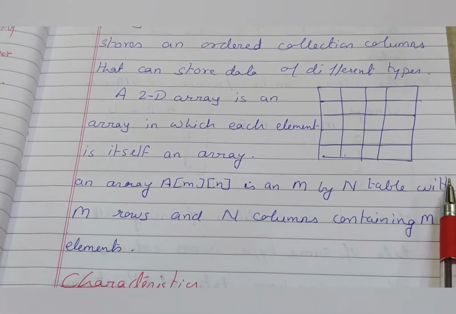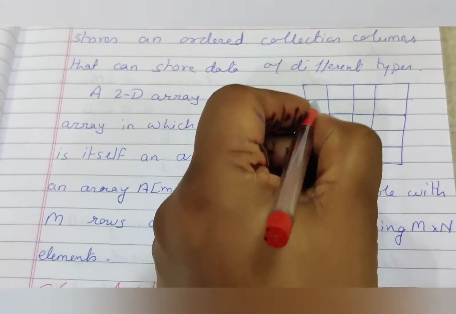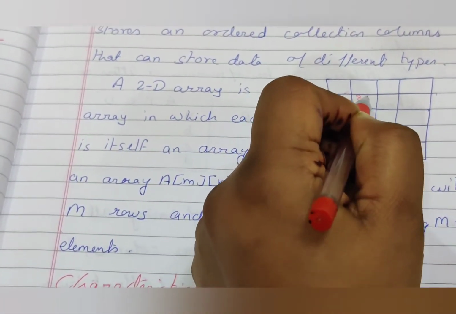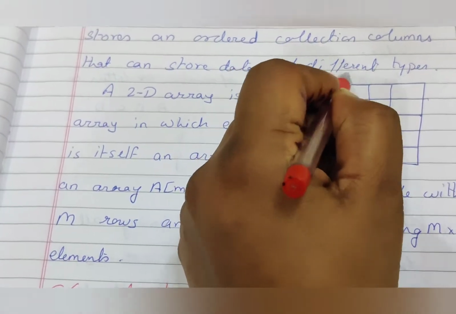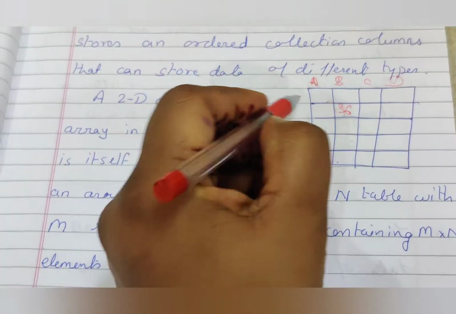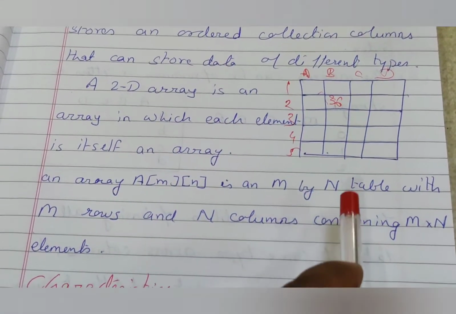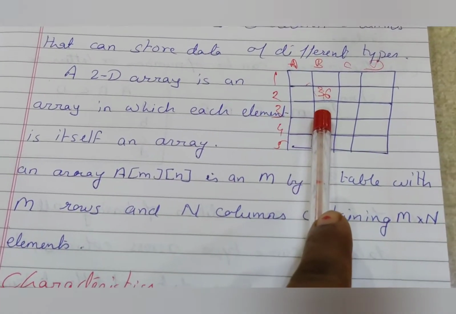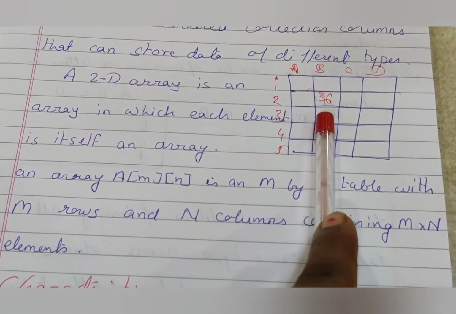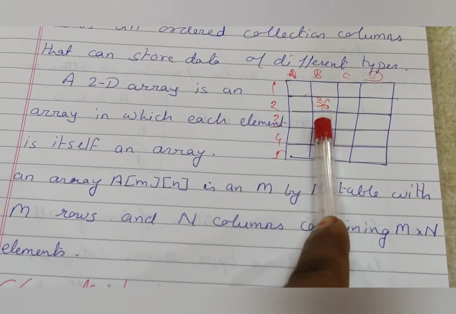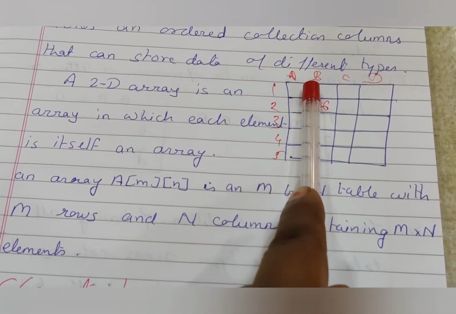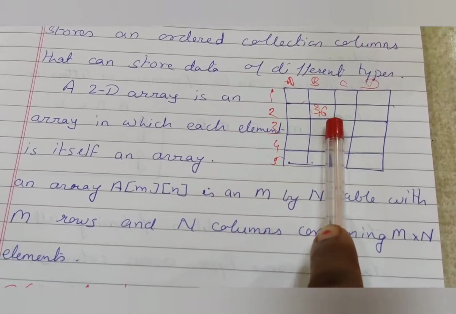If I write this 36 with columns A, B, C, D and rows 1 to 5, what is its address, or index value? B column, second row, B2.